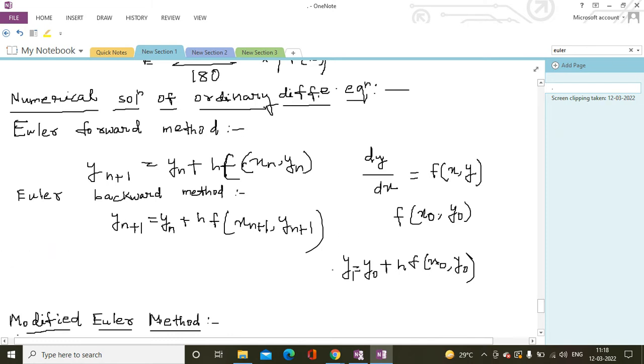First you will have to evaluate y1, and x n plus 1 will be, x1 will be x0 plus h. x1 will be x0 plus h, where h is the subinterval width, right? So we have to put it here. After evaluating x1, again we will have to evaluate y1, so we can put it as y1 dash.